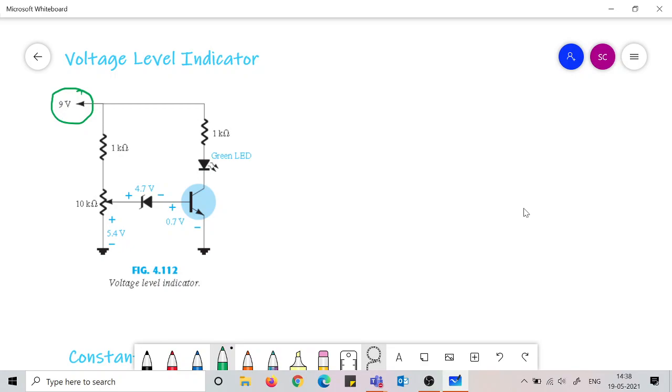Okay. And now when this happens, the Zener voltage here is 4.7 volt. So we choose a Zener diode whose Zener voltage is 4.7 volt.